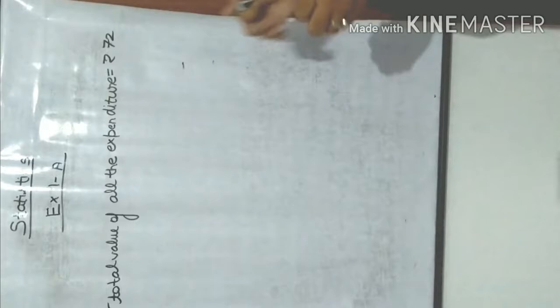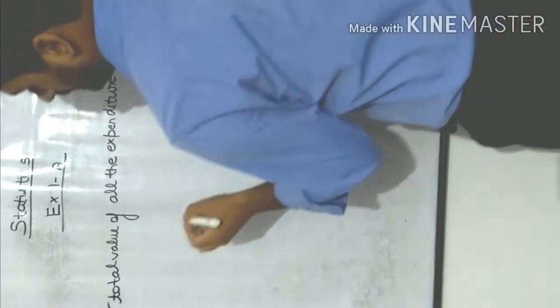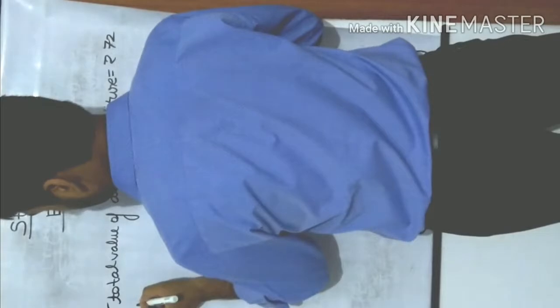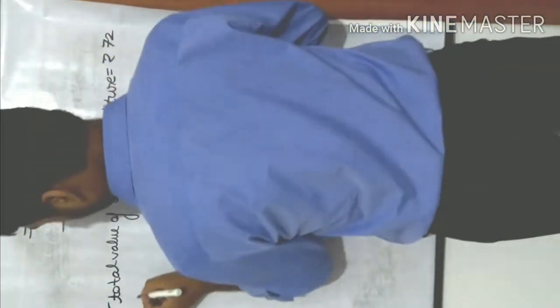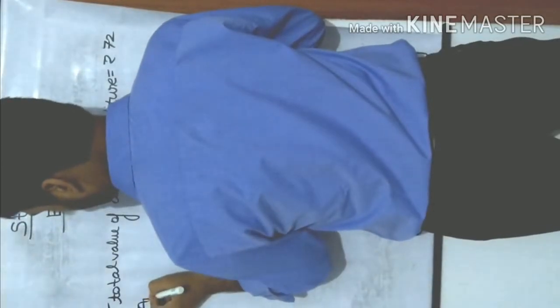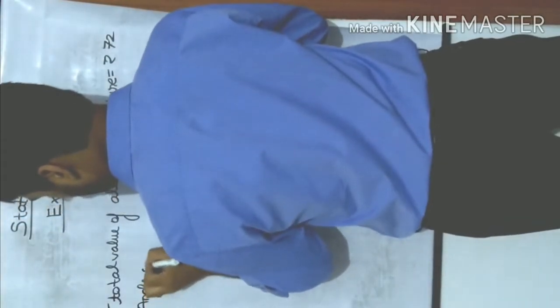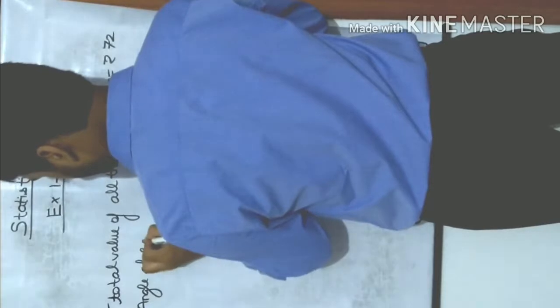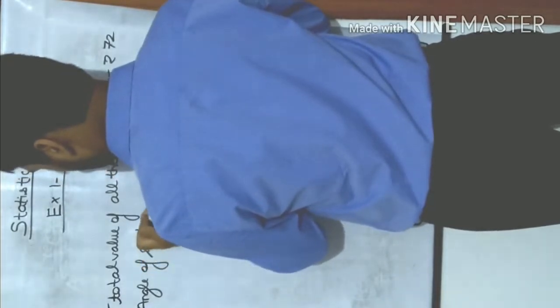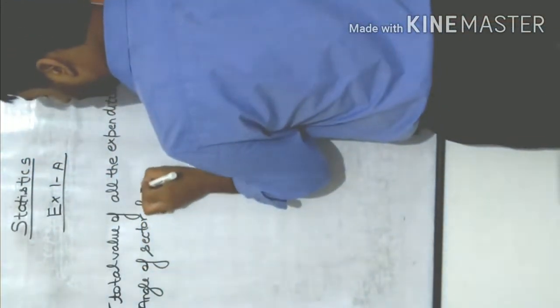So 72 rupees is the total expenditure that he has done. Then soft drink. So right here, we can call it sectorial angle or angle of the sector. So right here, angle of sector for soft drink.